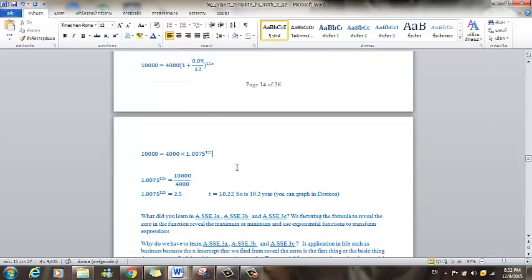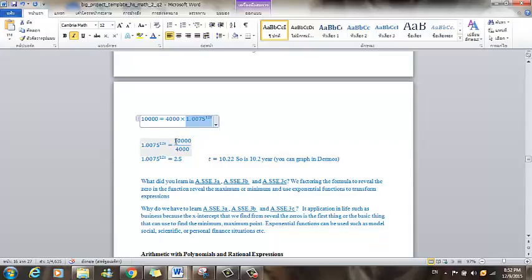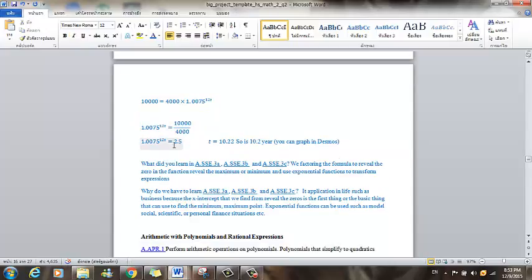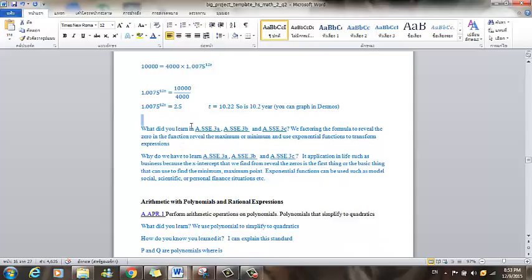We move this to the other side, so 10,000 is over 4,000. When we simplify we get 2.5. So as we know, T is 10.22, so it is about 10.2 years. But we have to use a calculator for this one.